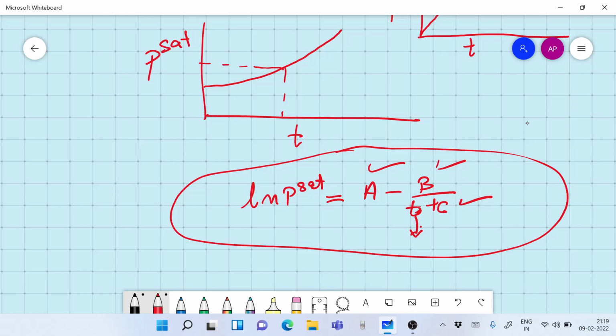One source of data is also MSDS, that is Material Safety Data Sheet. It does give you Antoine's constant. Sometimes they do mention it. They at least mention what is the vapor pressure at normal boiling point and atmospheric temperatures, that is standard, that is 25 degrees Celsius.